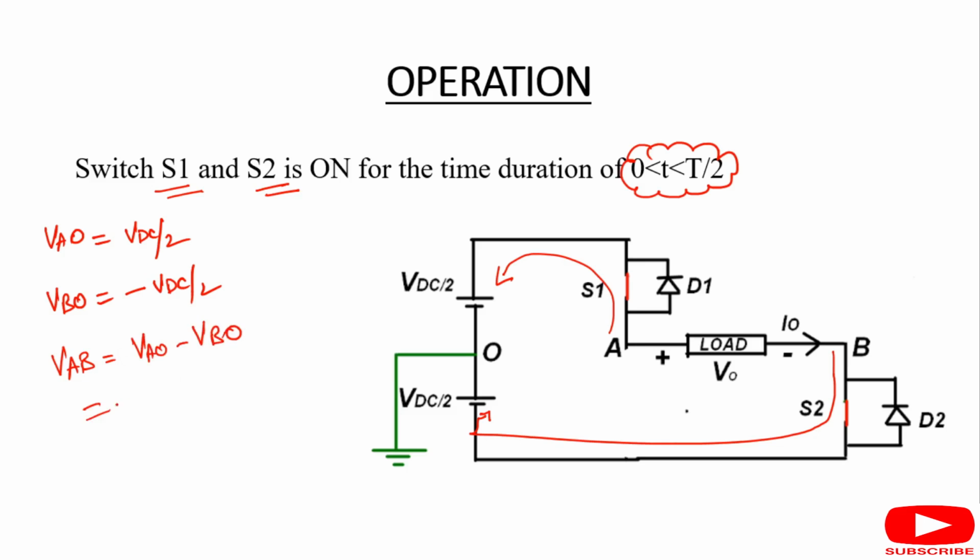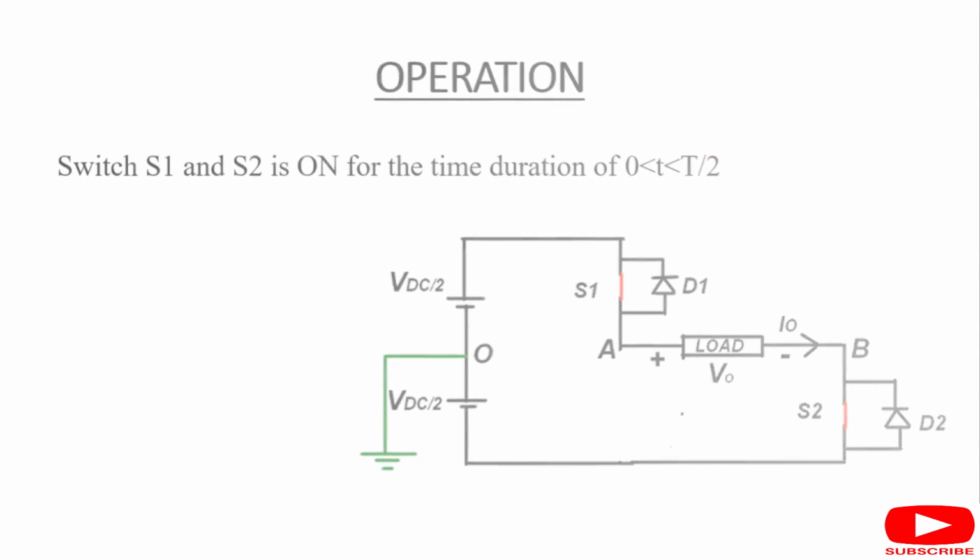When we put the values of VAO and VBO in terms of VDC, it comes out to be VDC. So guys, during the switching operation of S1 and S2, the output voltage appearing across the load is VDC.